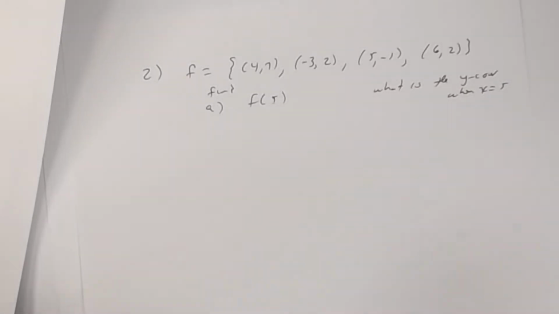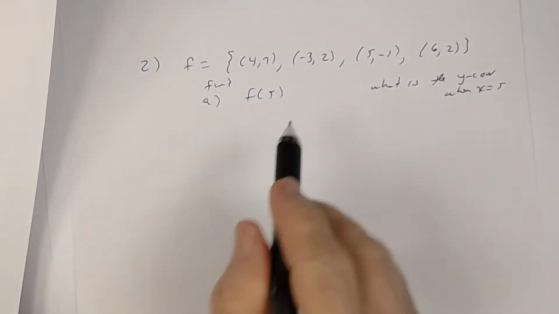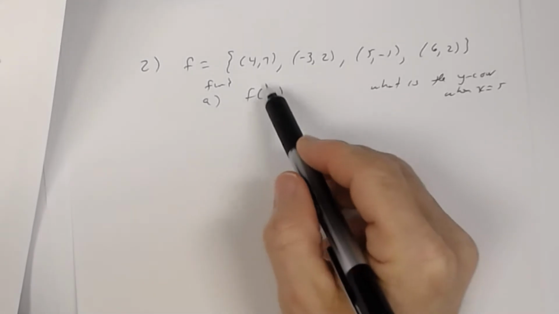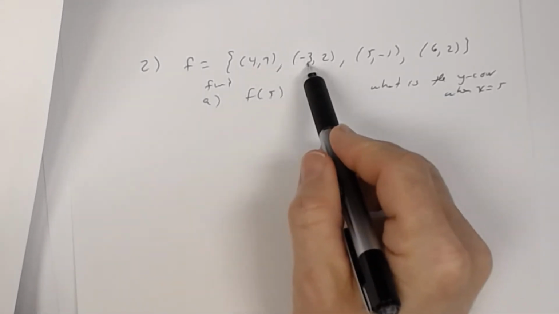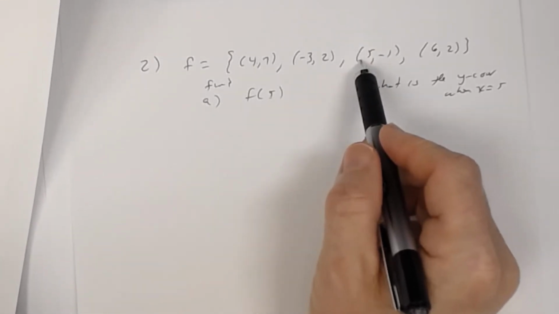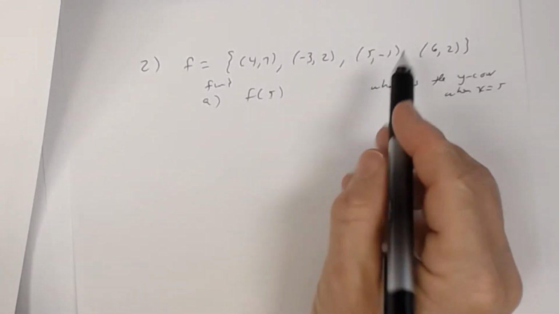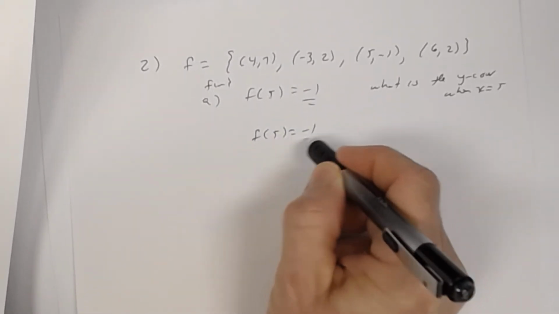So you're going to find which one has x as 5. This is not it because that's 4. This is not it because that's negative 3. Hey, this is it. That's when x is 5. And the question is, what's the y value? Well, the y value is negative 1. So f of 5 equals negative 1.